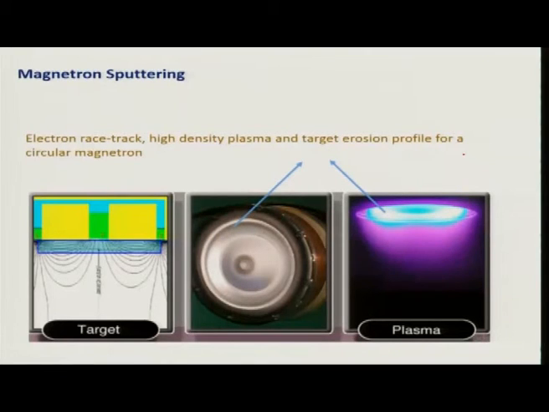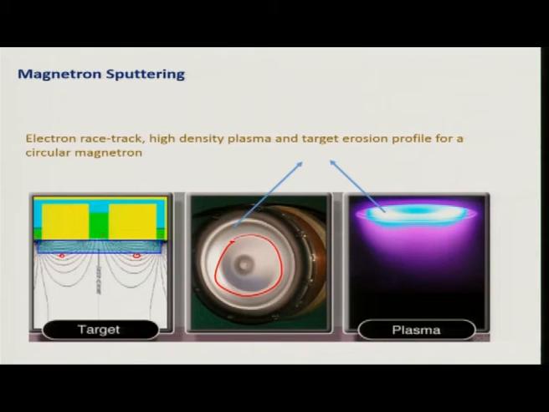So, this is again the representation of the same graph. Now, since the electrons are moving in a racetrack, the target erosion, this is my cathode target, you see that it is eroded along this racetrack, because the electrons are confined along this racetrack. They are moving in and out of plane along these paths at a certain radius. So, the ions are produced mostly in this region, and as soon as they are produced, they are accelerated towards the target.